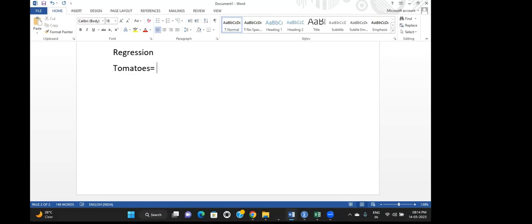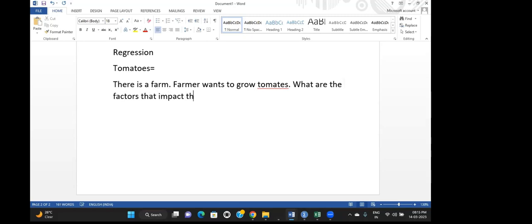So what are the factors that impact the production of tomatoes?